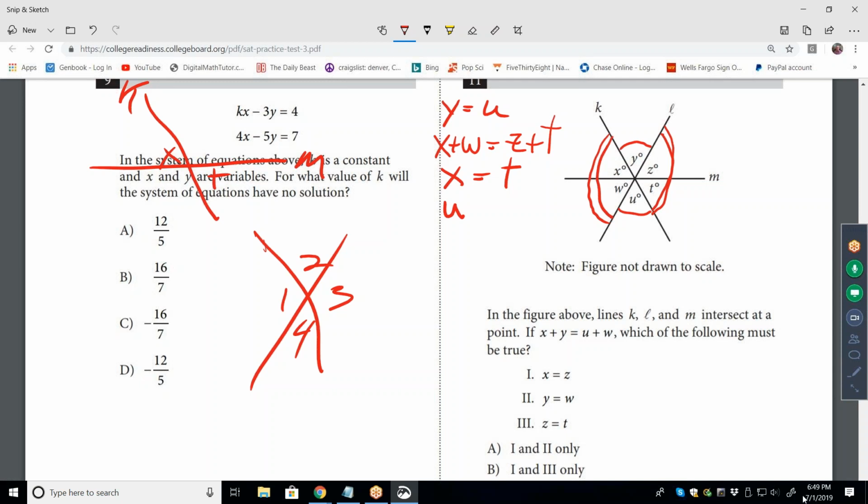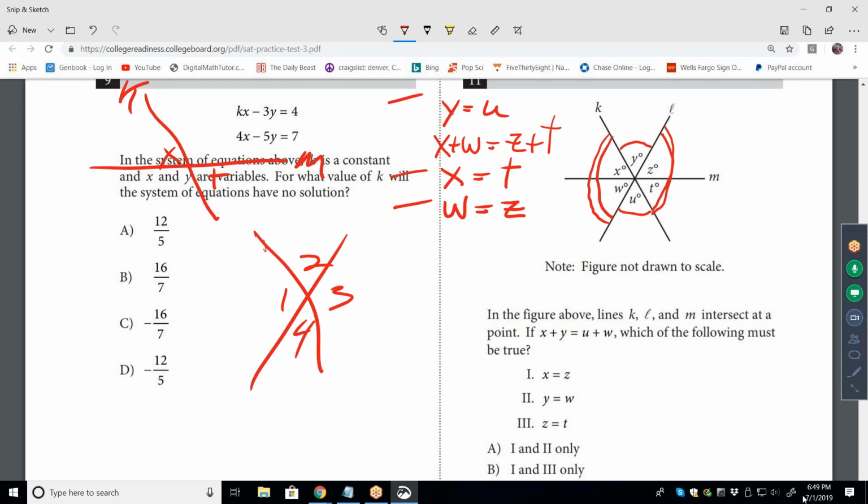So w has to equal z. What other vertical angles do I have there? Here's the three that we've identified. y equals u, x equals t, because it's vertical angles, and w equals z, because it's vertical angles.